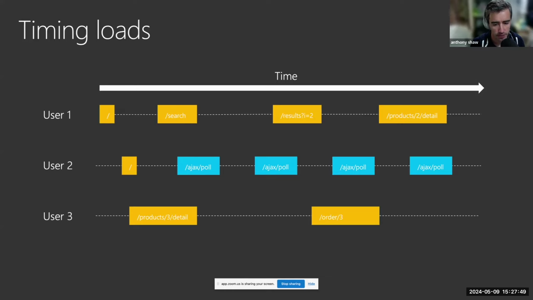I also highlighted some of these in blue because in most apps and in most web applications nowadays, there is a lot of JavaScript involved in a UI and an interface. And JavaScript tends to put an additional load on the application that you can't necessarily see if you just test the API. So for example, I've seen this before where customers have built an application and they've done a load test just looking at the server load.